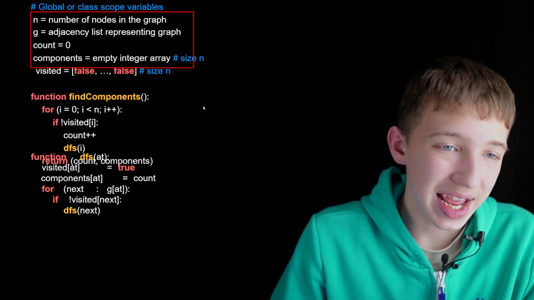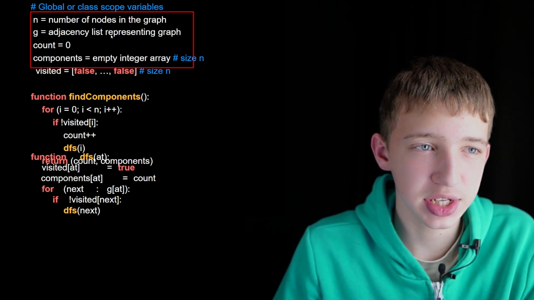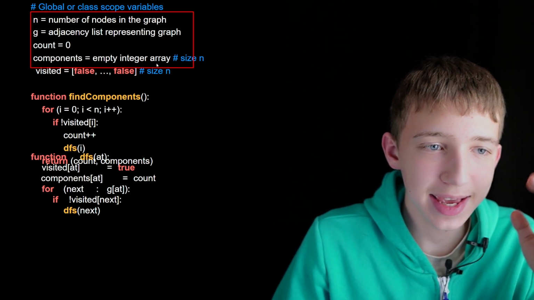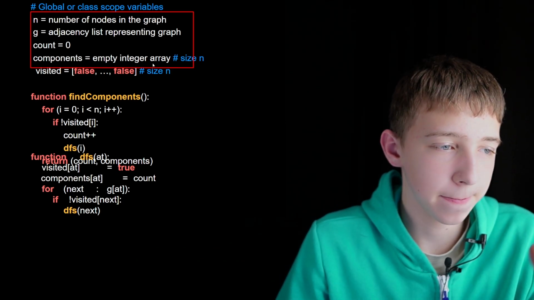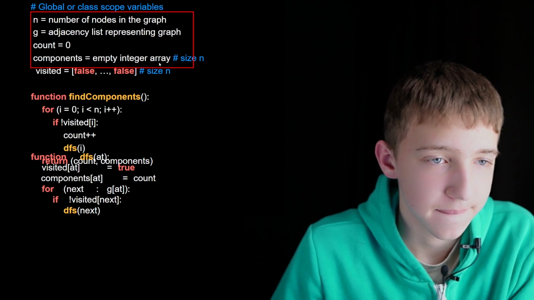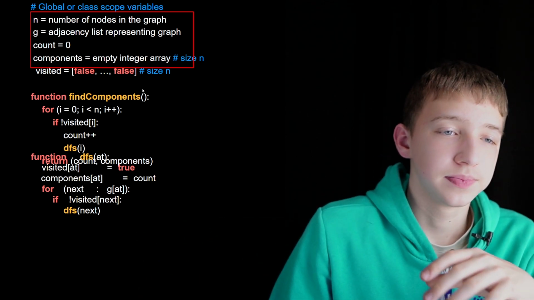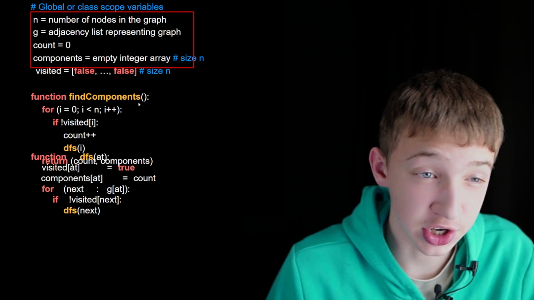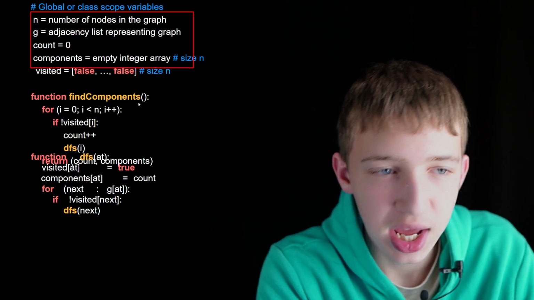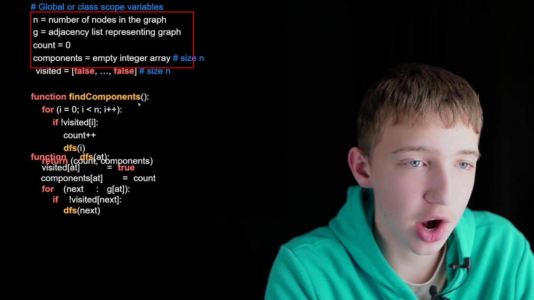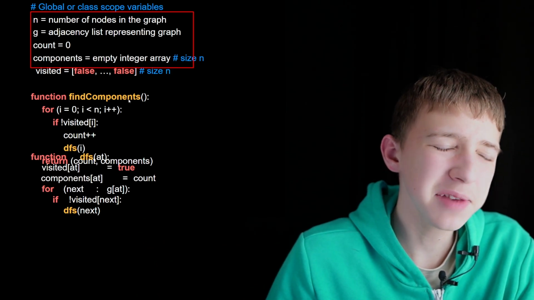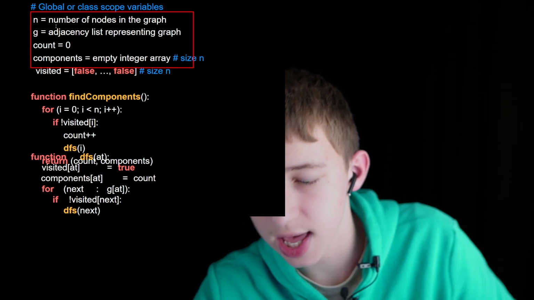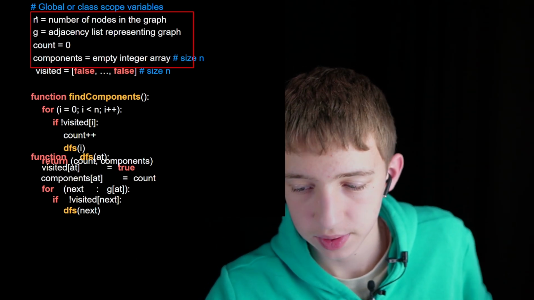Now, count and components, and this components array is also called the color array, so that keeps track of the ID of each component. So next we're checking if the node is visited or not. By the way, here the visited array might be useful, but it is not necessary here.